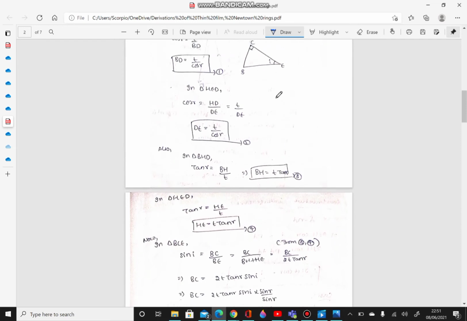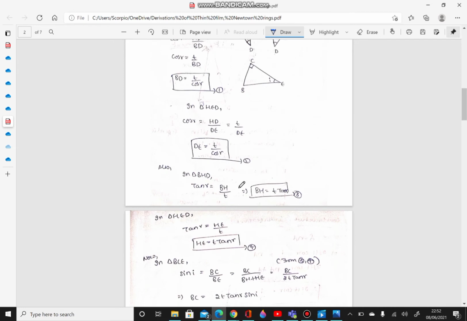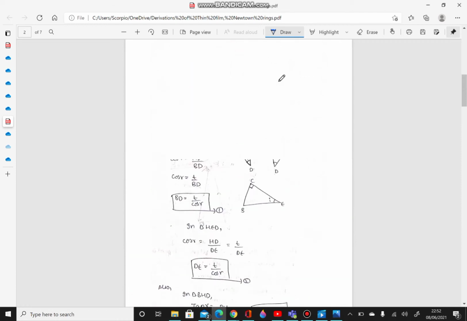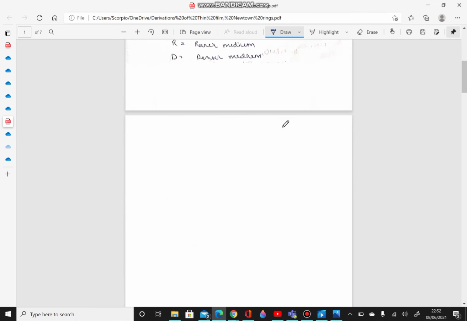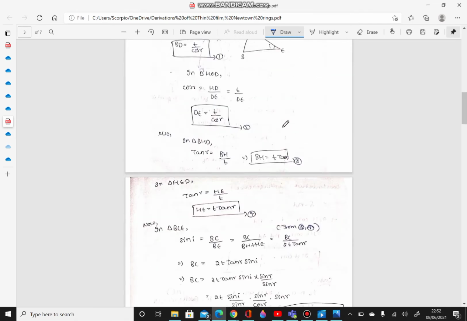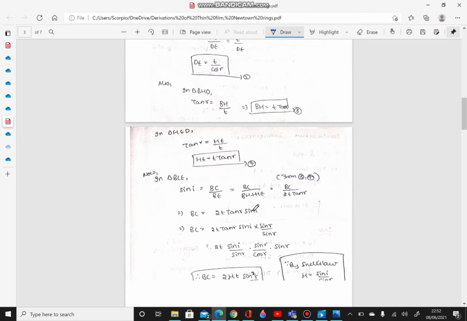So from this triangle we write sin i equals opposite side by hypotenuse, right? So BC by BE. BE is nothing but, as we see in the diagram, BH plus HE, which were derived before in our equations 3 and 4. So in place of BE we'll write BH plus HE.